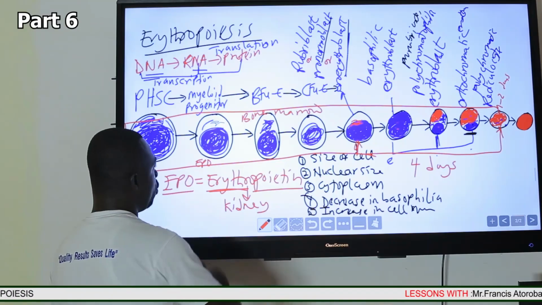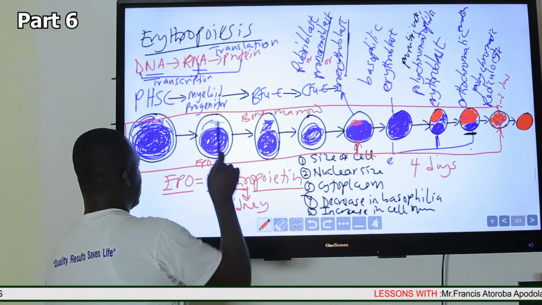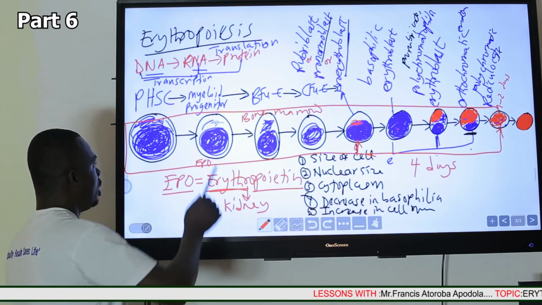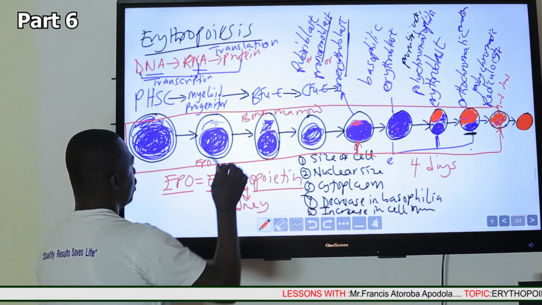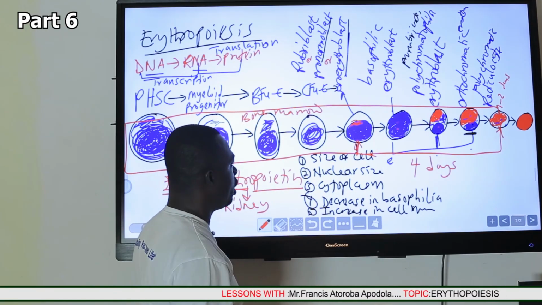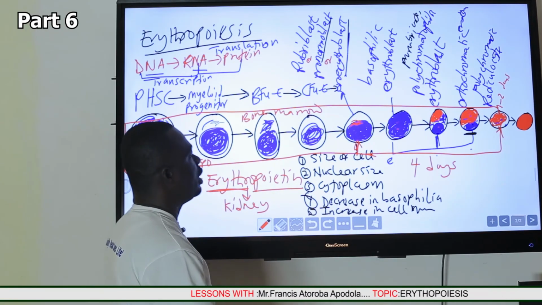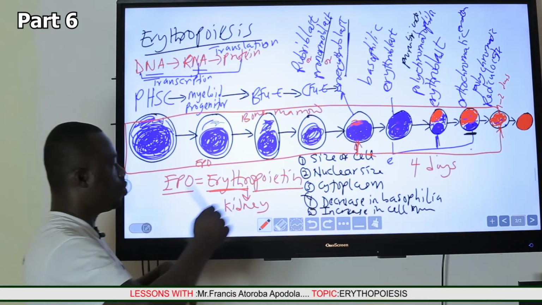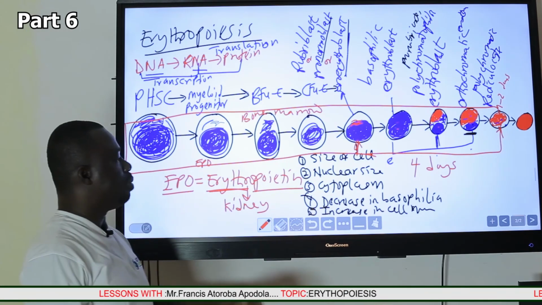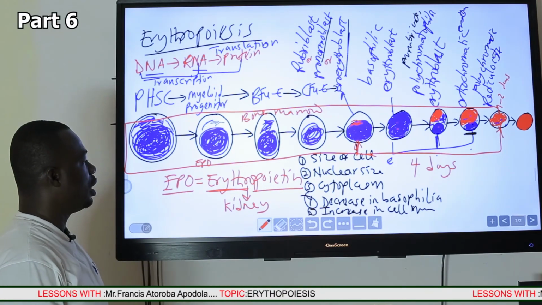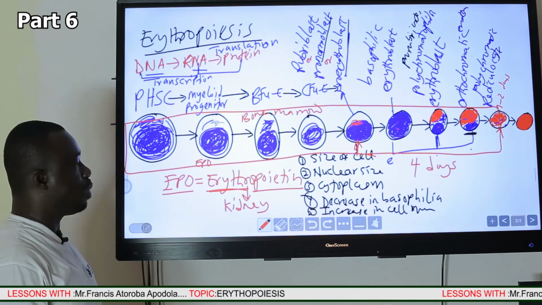The hormone erythropoietin is the stimulator of red cell production. It stimulates the myeloid, the burst forming unit erythroid, the colony forming unit erythroid, and it also stimulates the pro-erythroblast, and that will move in that direction, producing more of the RBC's precursors.